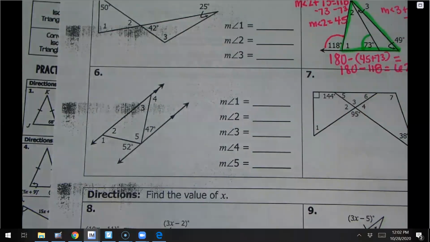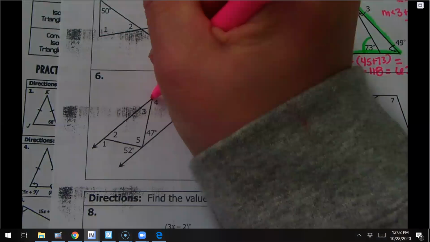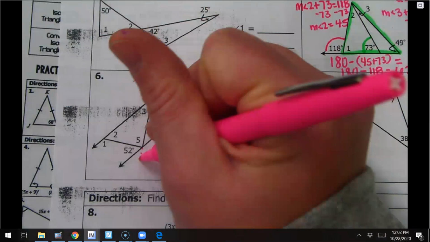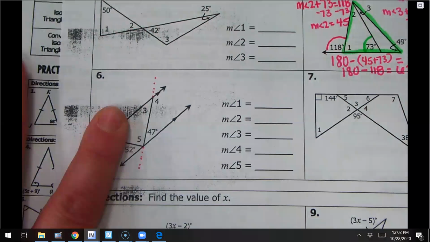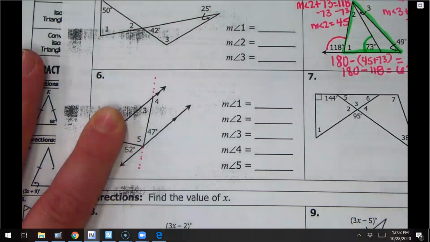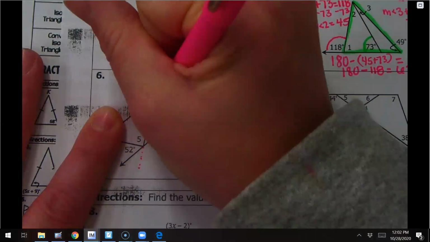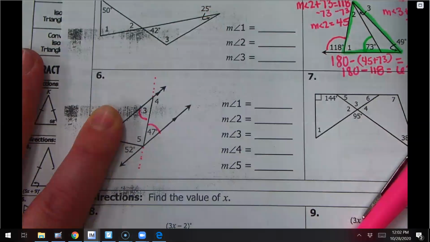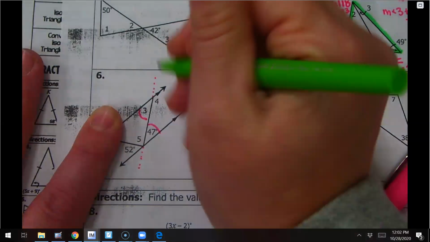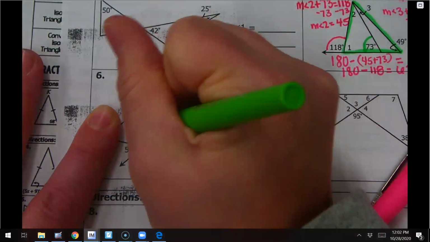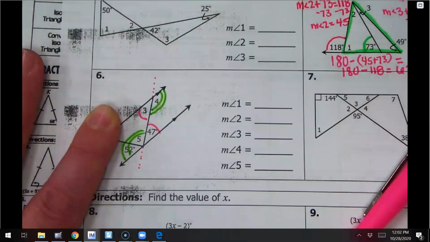So if this here is my first transversal, and I'm covering up 1 and 2 and just looking at this, I know that 3 and this one are alternate interior angles, and I know that 4 and 5 plus 52 are alternate interior angles. You see that? That's the same thing that we learned back when we just learned about parallel lines.